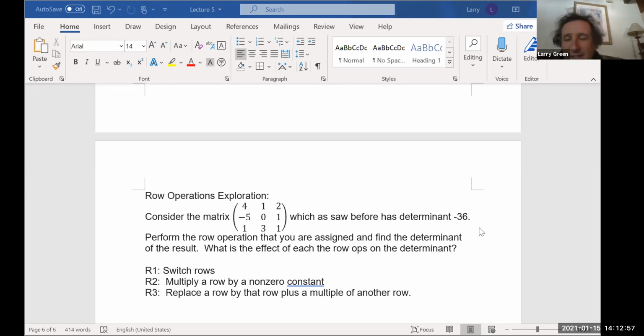And I want to make sure that we have at least someone from each group. So we haven't gotten a row op 3 yet. So it must be just a sign issue because I have 50 minus 22 instead of 50 plus 22. Yeah, you lost a sign somewhere.